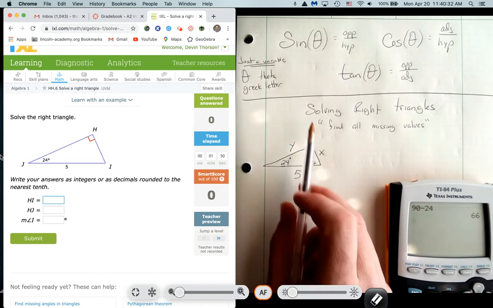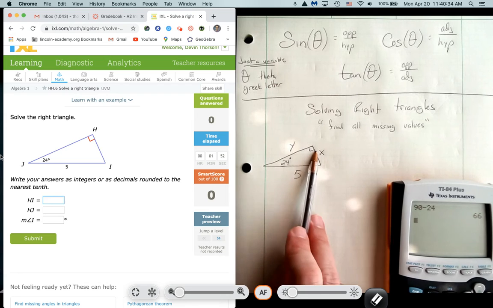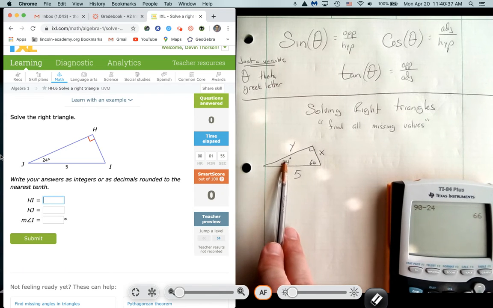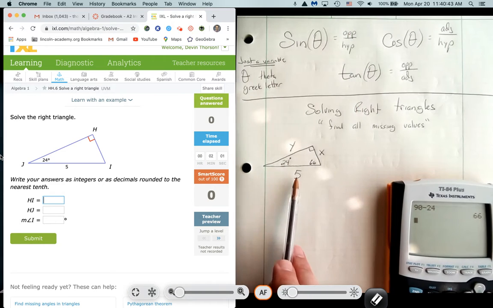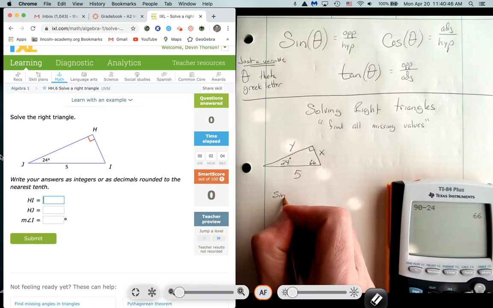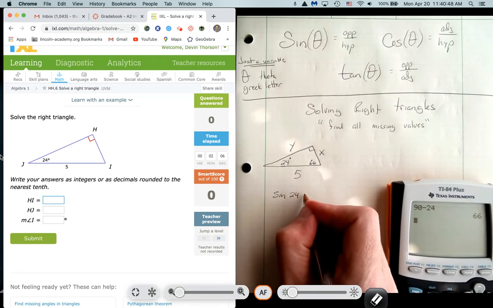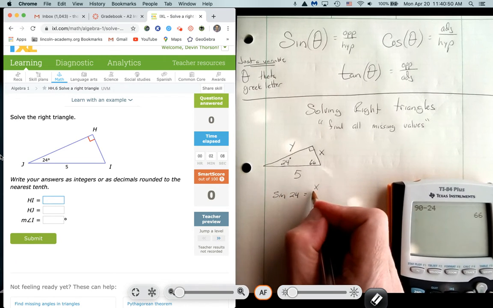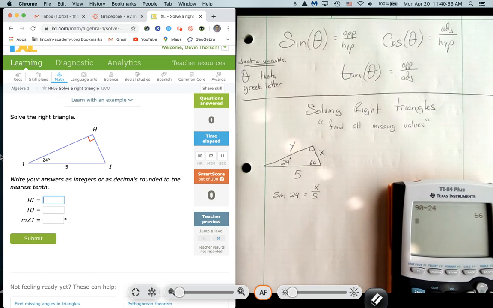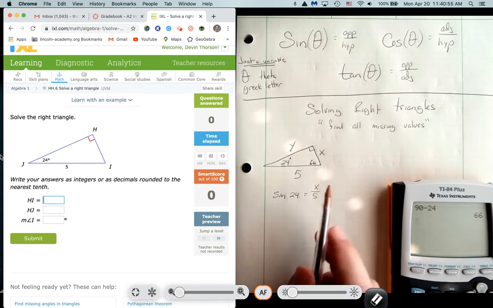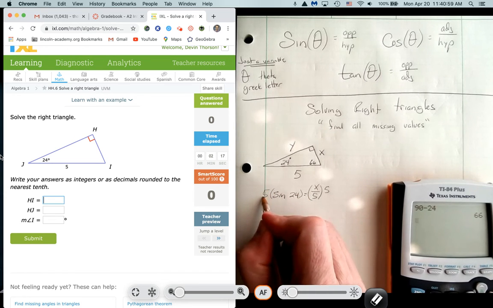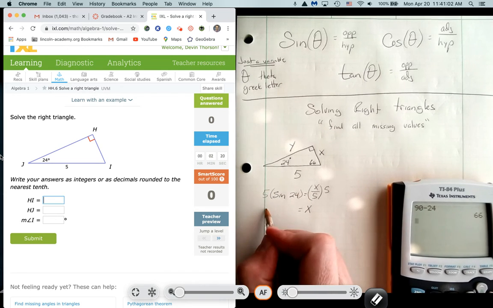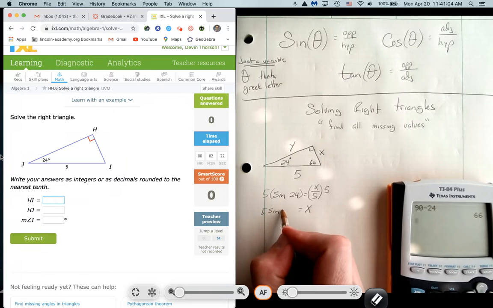Now I'm going to look at my trig functions and try to solve for these. If I look at the angle 24, the sine would be the opposite side over the hypotenuse. So I could write the sine of 24 equals x over 5. Now I'm going to get the x by itself by multiplying both sides by 5, and I find that x equals 5 times the sine of 24.